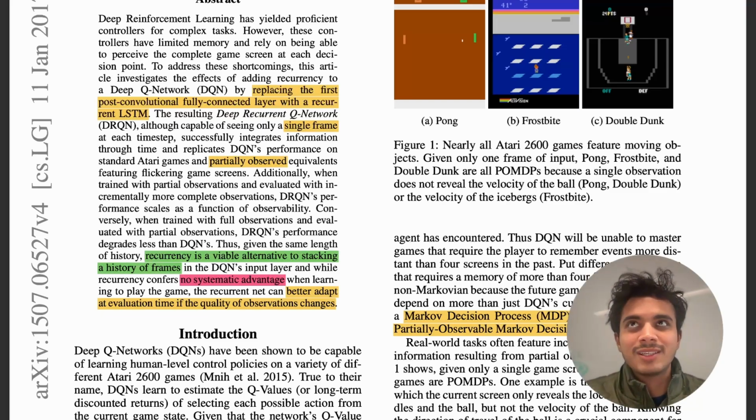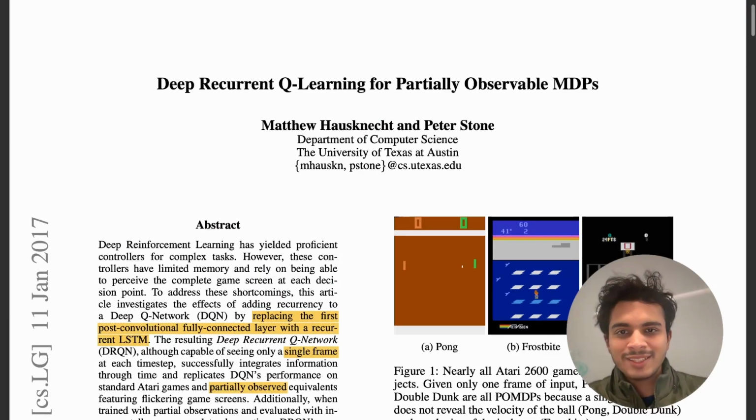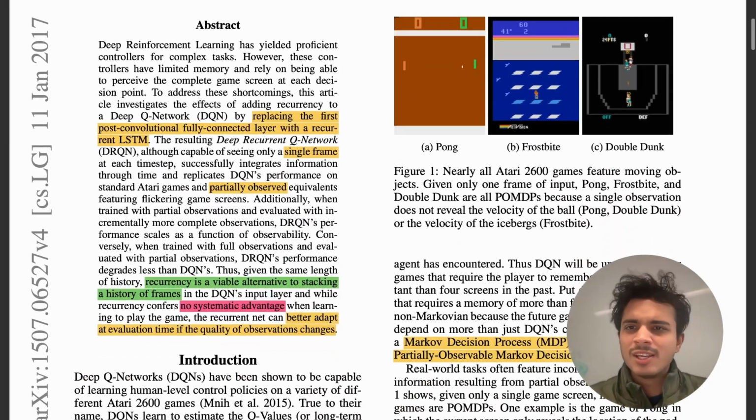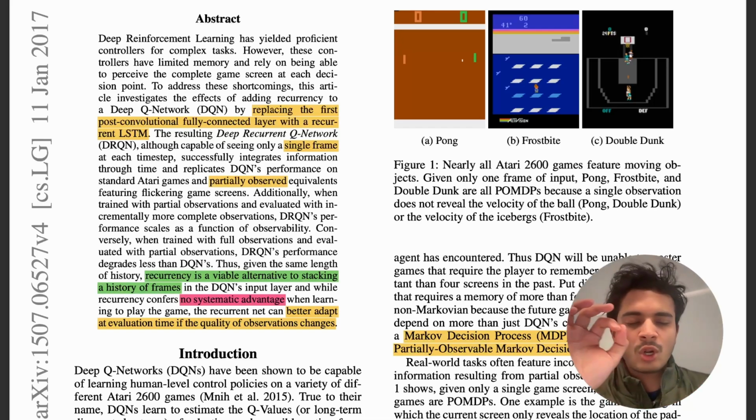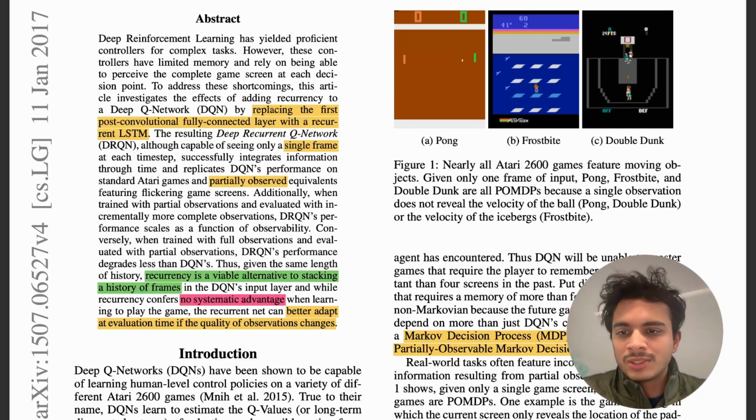The whole motive is not to build DRQNs better than DQNs, but basically provide an alternative. And why is this alternative essential? Because it better adapts at evaluation time if the quality of observations changes.